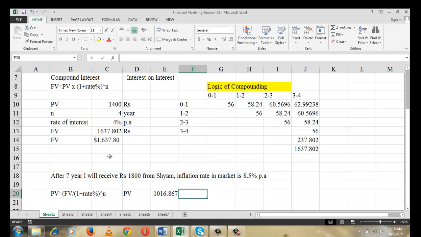Fine. So better you do it in terms of the formula. Your future value is 1800. Your rate of interest is 8.5% per annum.